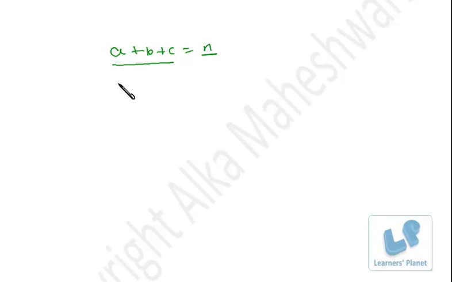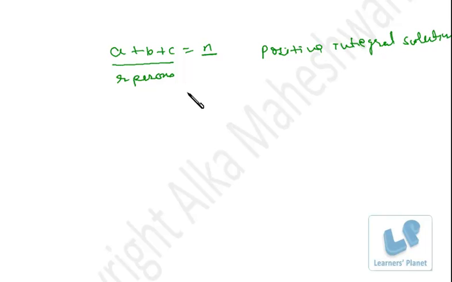Suppose there are r persons and the sum of them is n. And the first case is positive integral solution. Okay, so the formula will be n minus 1 C r minus 1, right?